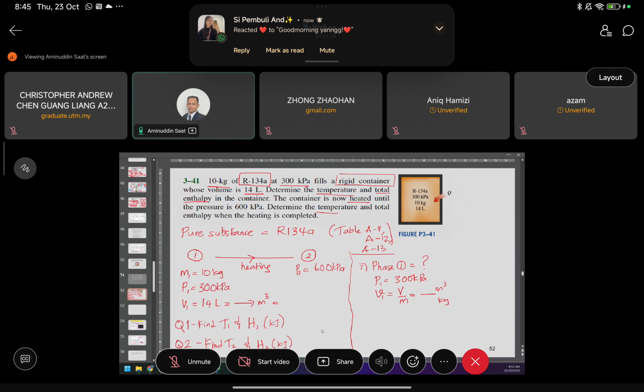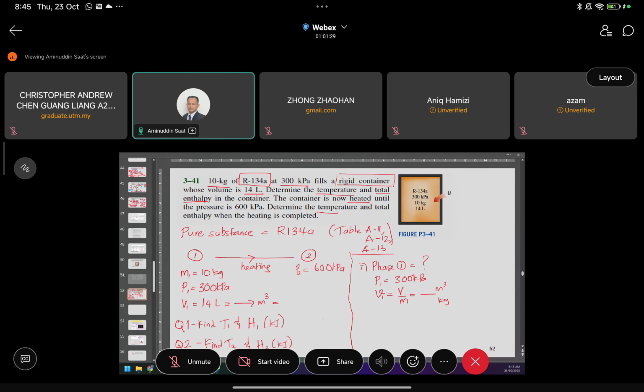Let's do it one by one. 14 liter. So 1 liter equals 1000 milliliter. So you cancel the liter, and then 1 centimeter cubic equals 1 milliliter, so you cancel the milliliter.